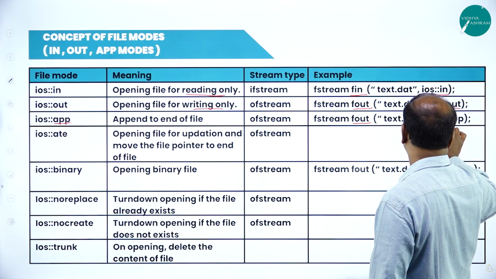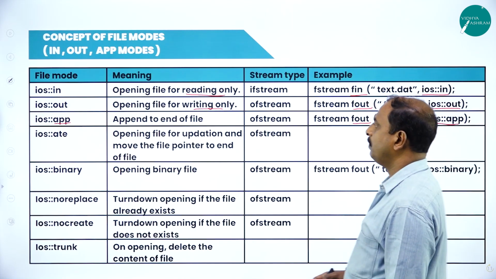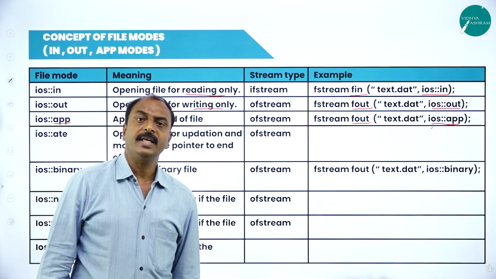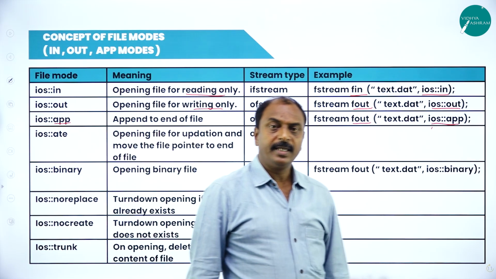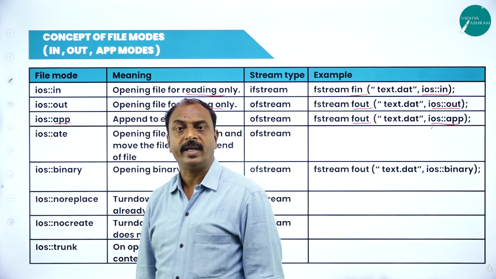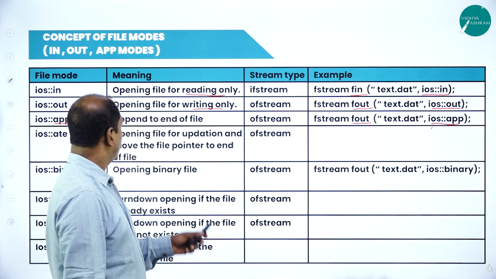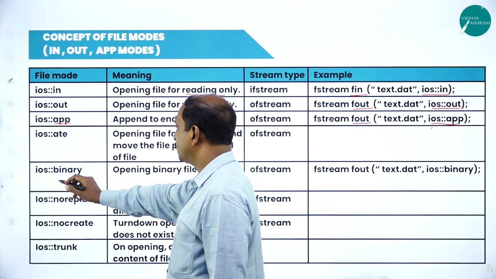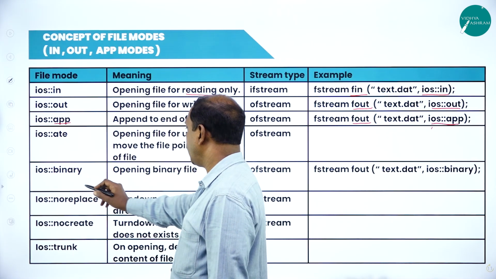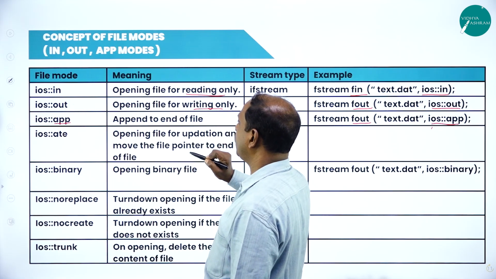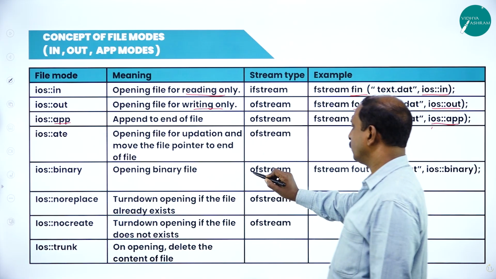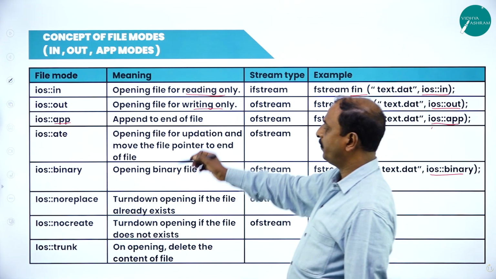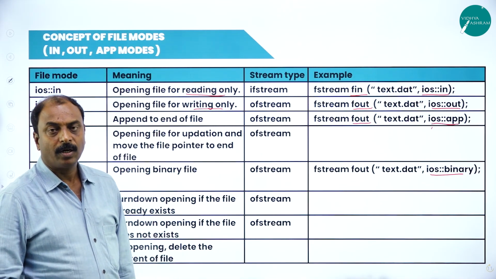In this example, ios::app, app stands for append mode, meaning the file is opened for adding additional data to the existing file at the end of the file. Similarly, we have different file modes. One is called ios::binary, which opens a binary file. So these are all different modes of file operation.